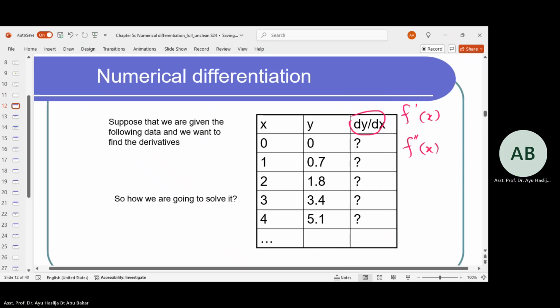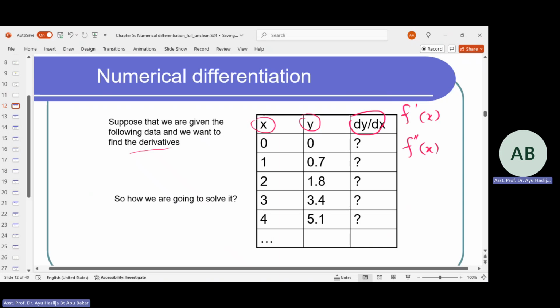Okay. Now, for this example, for this table, suppose you are given the following data and you want to find the derivative. You have x and y. Okay, so you need to find the derivative. Derivative is the dy dx.